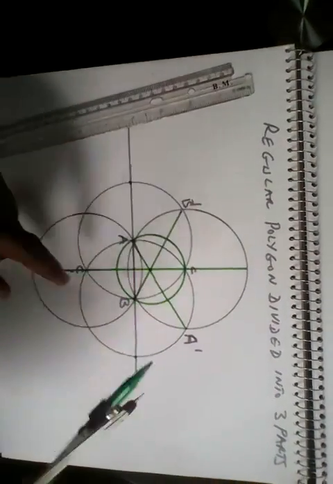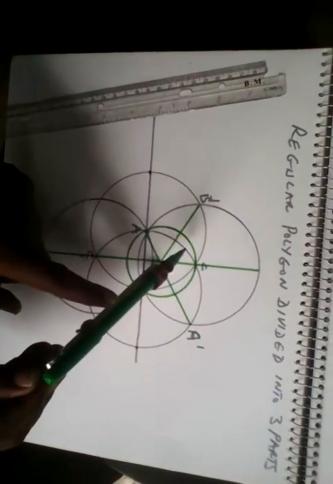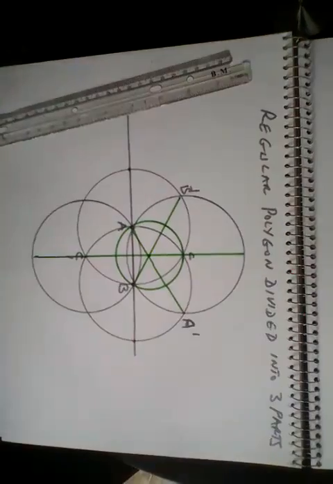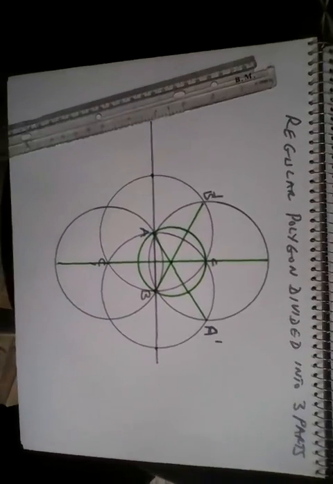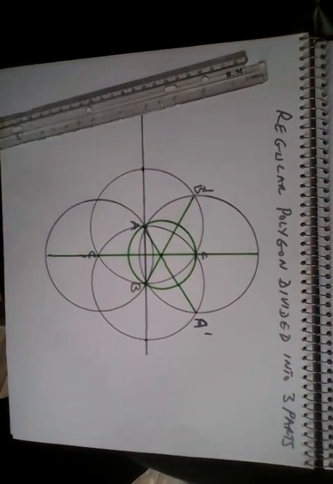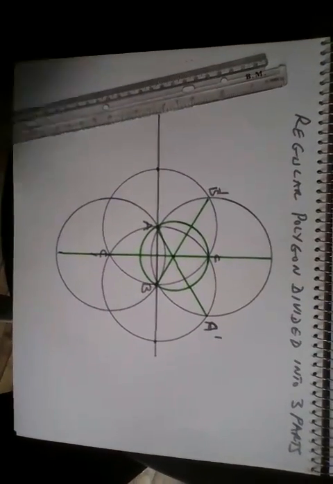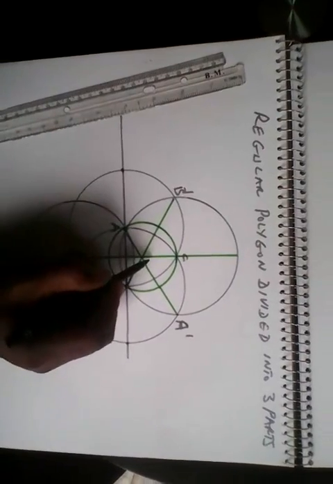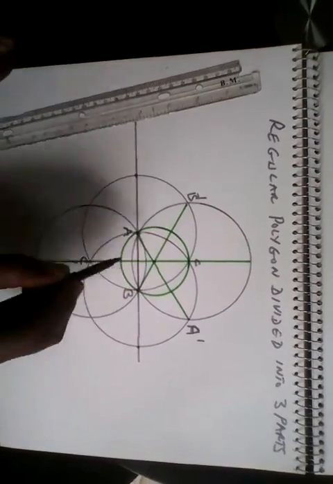So center our compass here in green, going through point C, A, and B. We constructed our circle. These green circles centered here, so we can as well make it centered at this point.